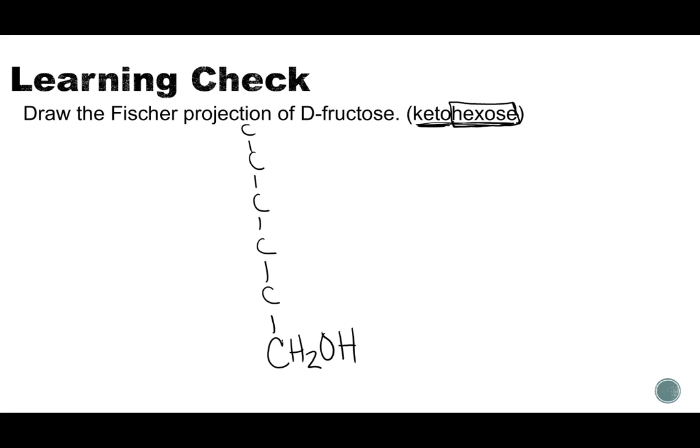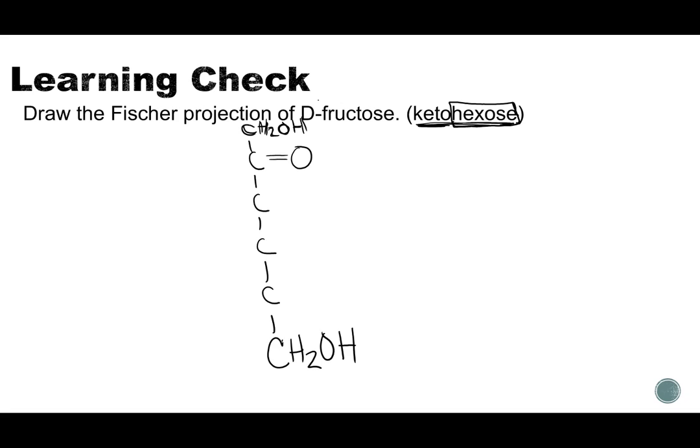Keto. So that keto prefix tells me there's a ketone on the top. With the ketone on the top, that means my carbonyl group is on the 2nd carbon. And this lid, because it's not the aldehyde, this lid looks just like the seat. So when we have a ketone, it's CH2OH up here as well.